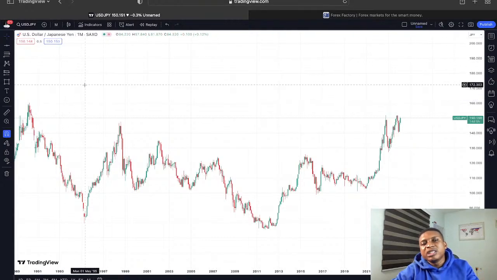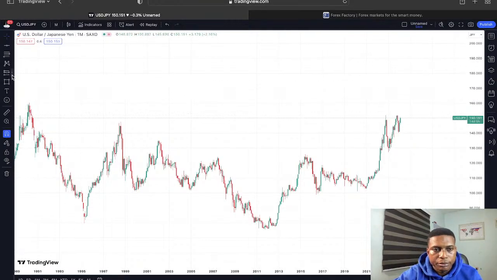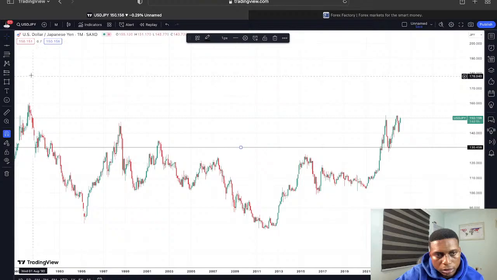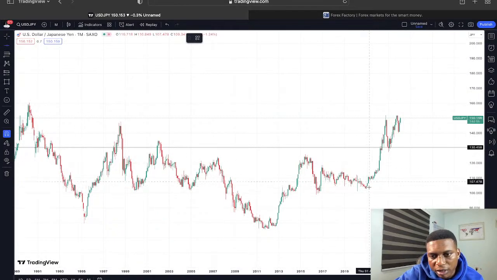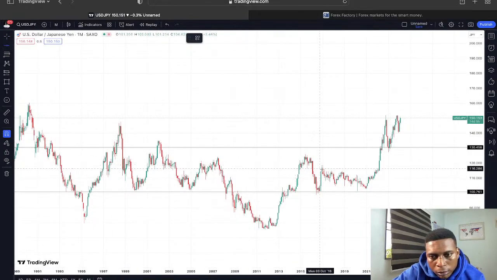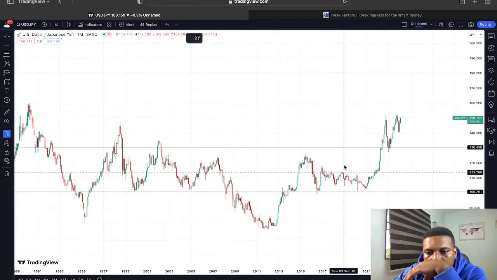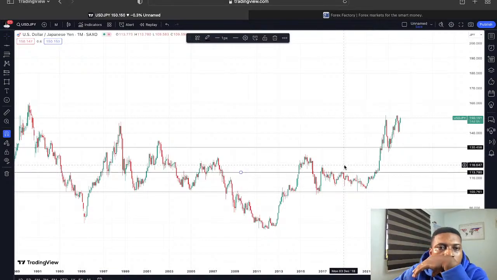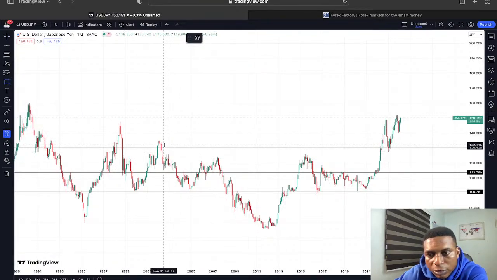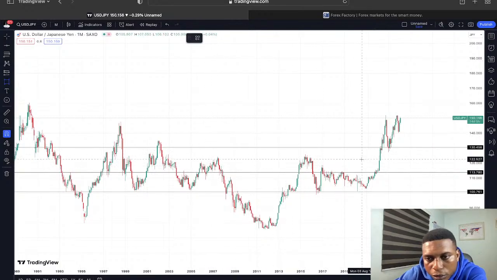This is the USD JPY on a monthly time frame. So let's map out the levels of support and resistance, and highlight key levels.